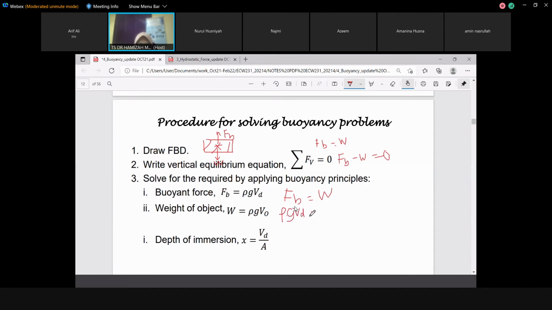And this weight is the original weight before going into the water. So this is also rho g V, but the V here is the V of the object.